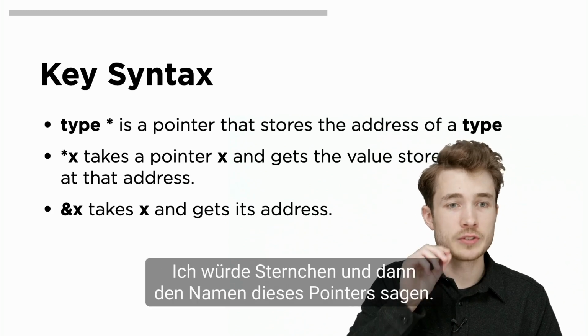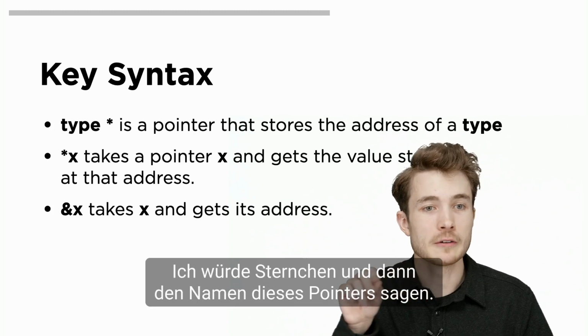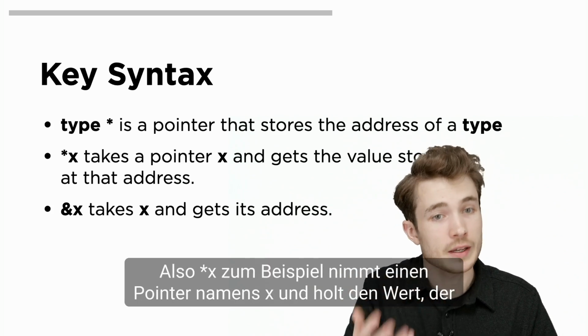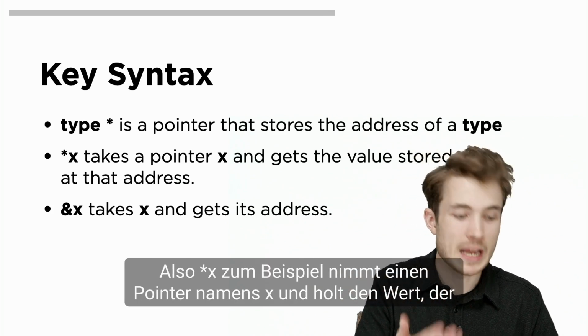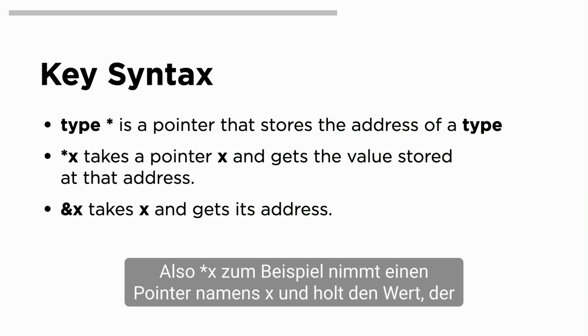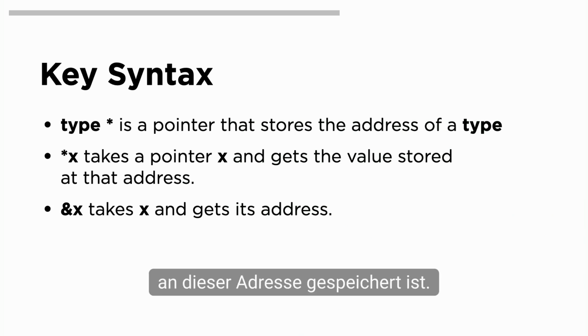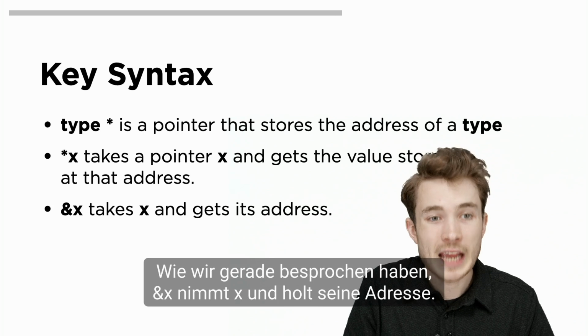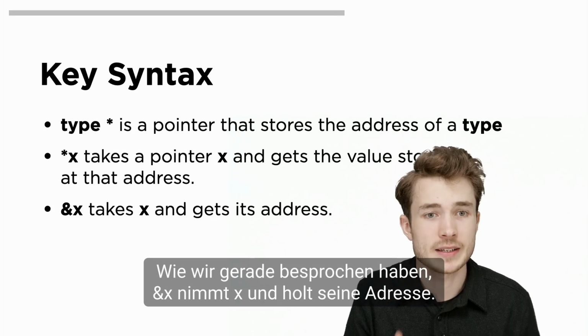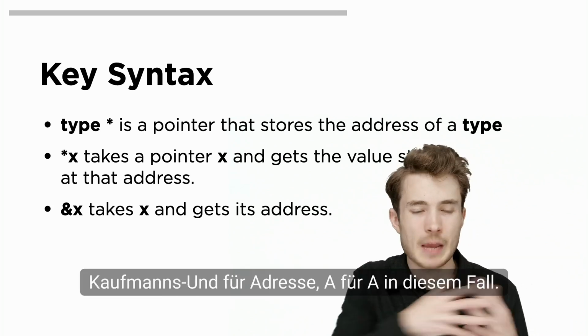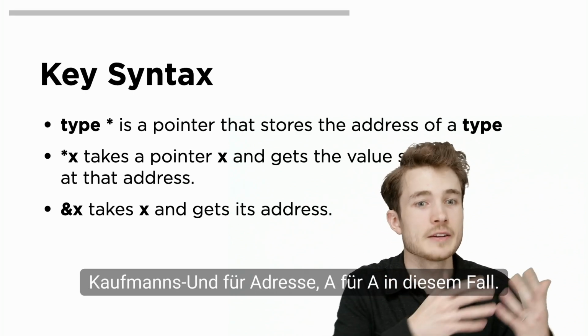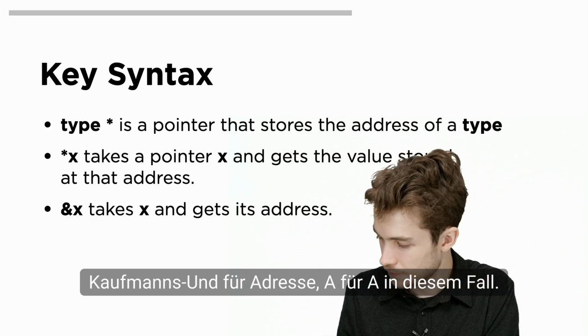I would say star and then the name of that pointer. So star x, for example, takes a pointer named x and gets the value that is stored at that address. As we just discussed here, ampersand x takes x and gets its address. Ampersand for address, or A for A in this case.